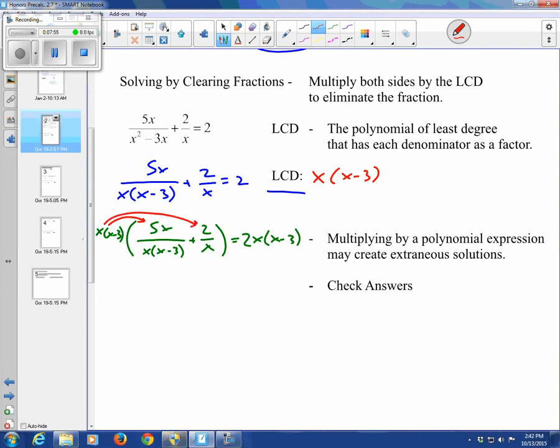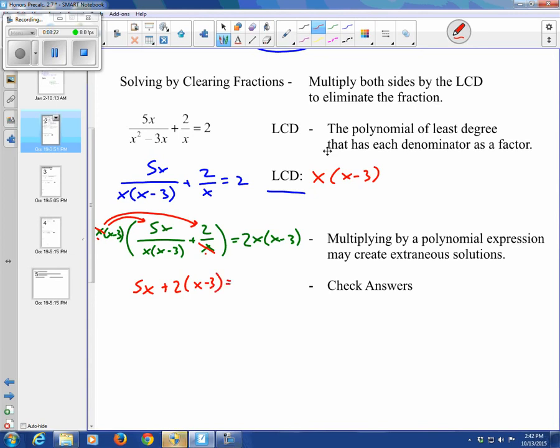In the first term, the multiplication of x times x minus 3 cancels out with the division by x times x minus 3, and we just get our 5x. In the second term, the x's cancel because we are multiplying by x and dividing by x, and we get 2 times the remaining linear factor, x minus 3.